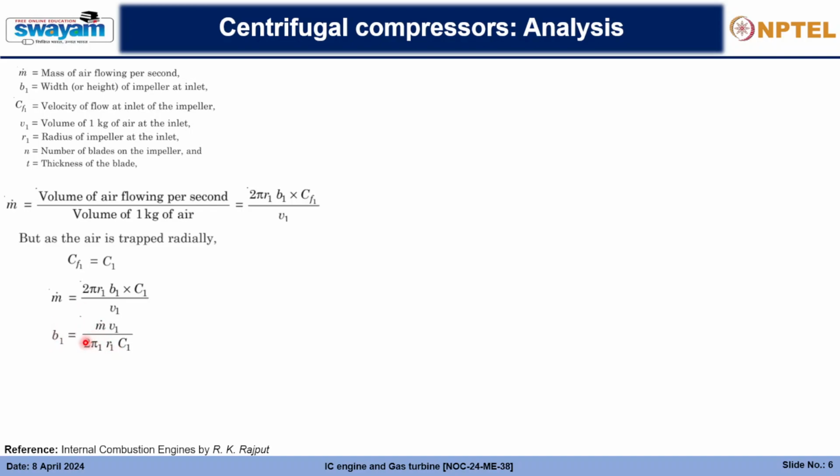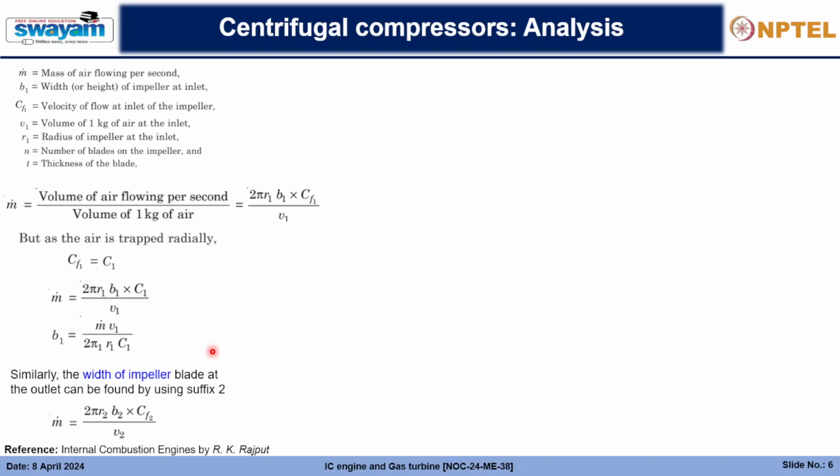So the width of the impeller will be mass into the volume of 1 kg of air at the inlet divided by 2π R1 into C1.